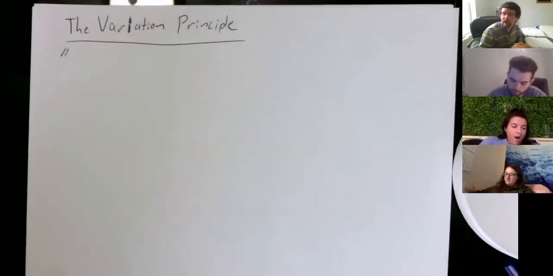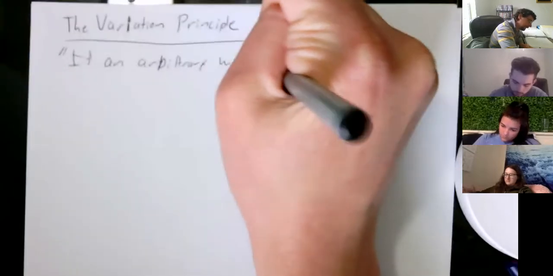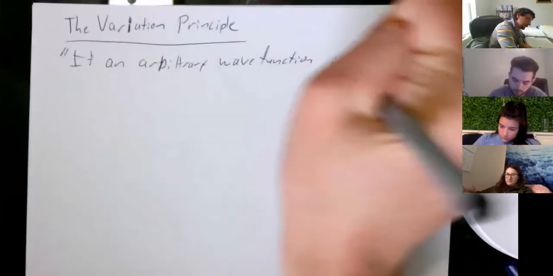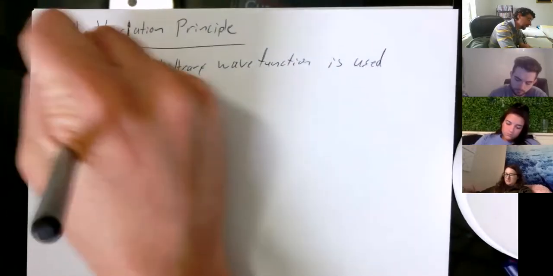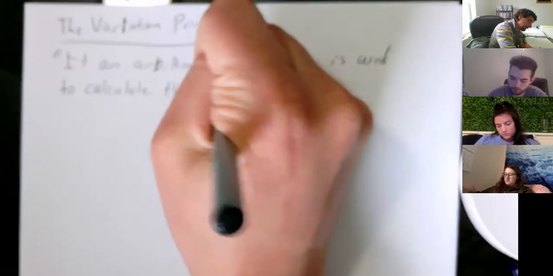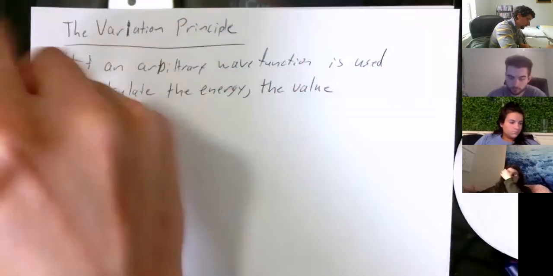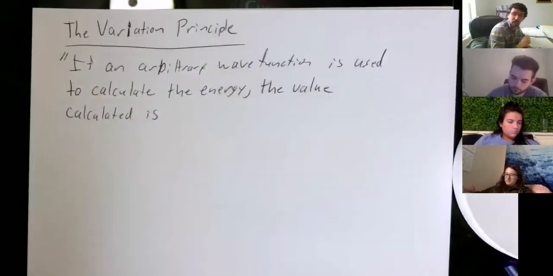Which is all about getting a wave function of some system. So the direct quote for what it is: if an arbitrary wave function is used, so one that we don't really know if it's the exact answer or not, to calculate an energy, the value calculated is never less than the true energy.